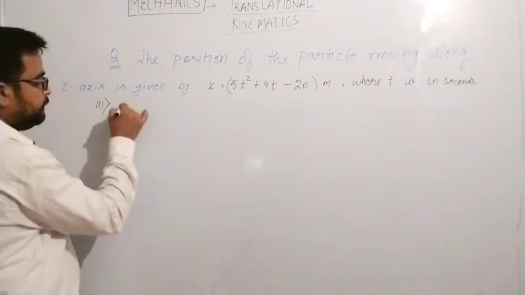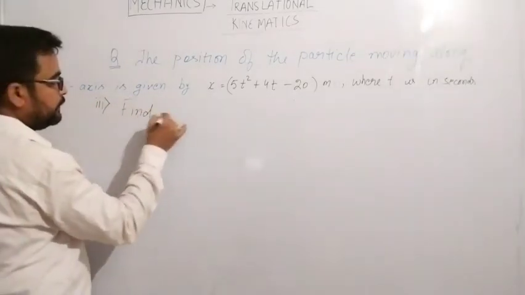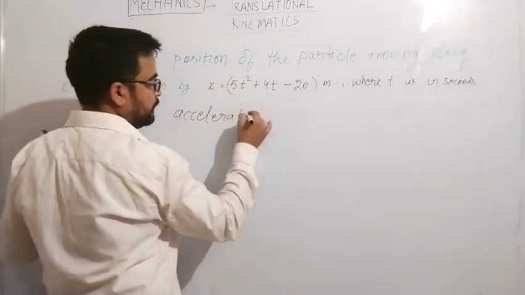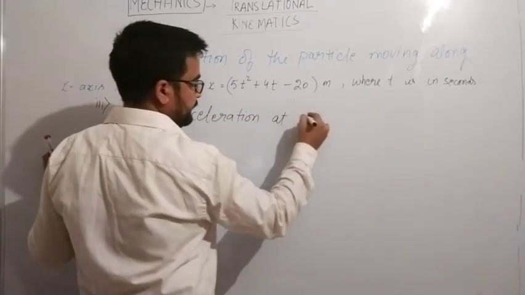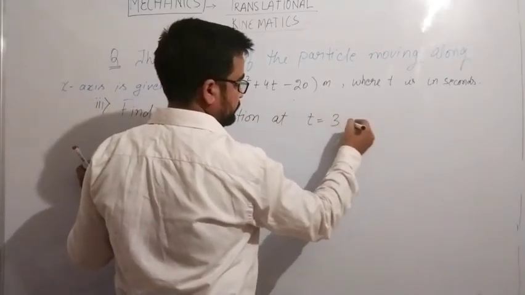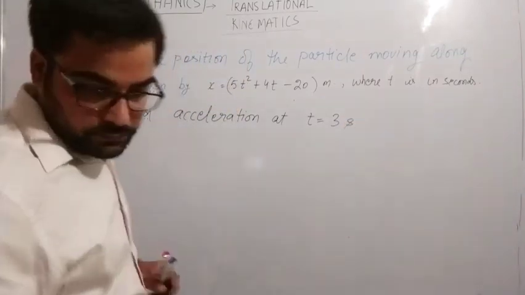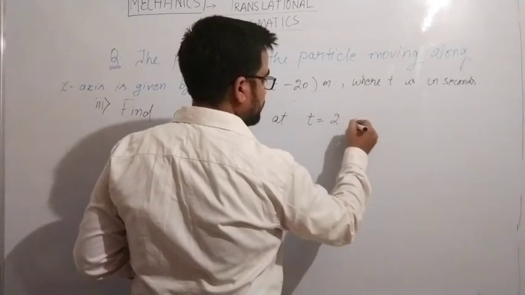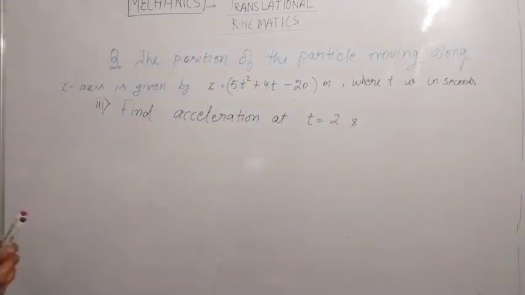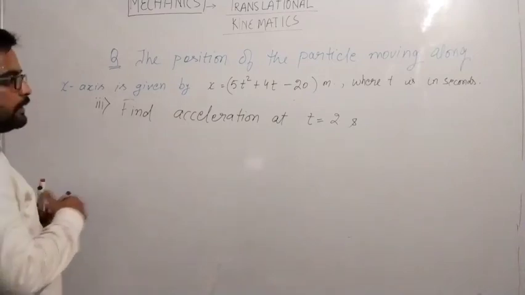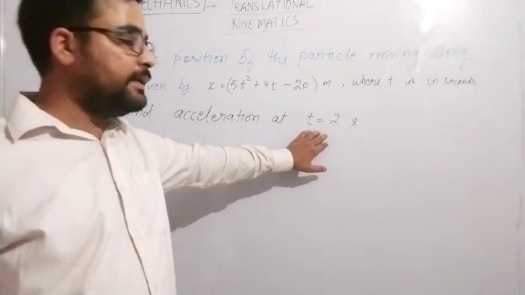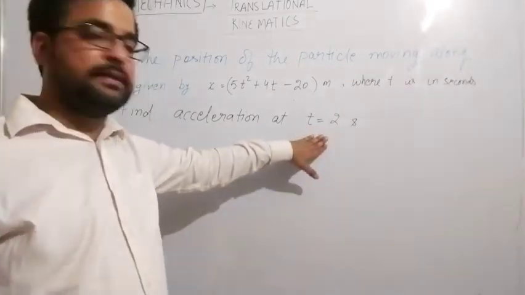Third portion is find acceleration at t is equal to 2 seconds. You have to find the acceleration. So again, I think it's very clear. It is asking you instantaneous acceleration, that at this instant.